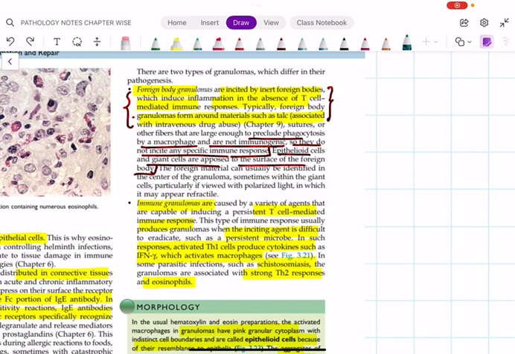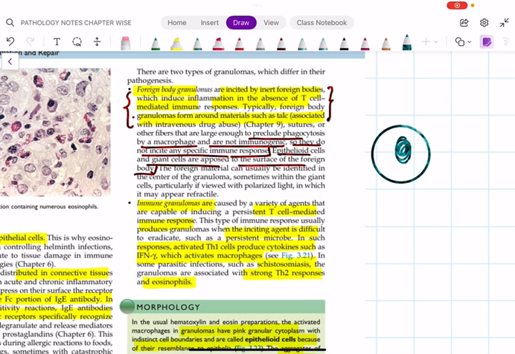Number one is called foreign body granuloma. That means these granulomas are formed as a result of some foreign body which produces some inflammation, for example talc, intravenous drug abuse. So here there will be centrally one foreign body present, and around that the granuloma will be formed. I hope things are clear for you.